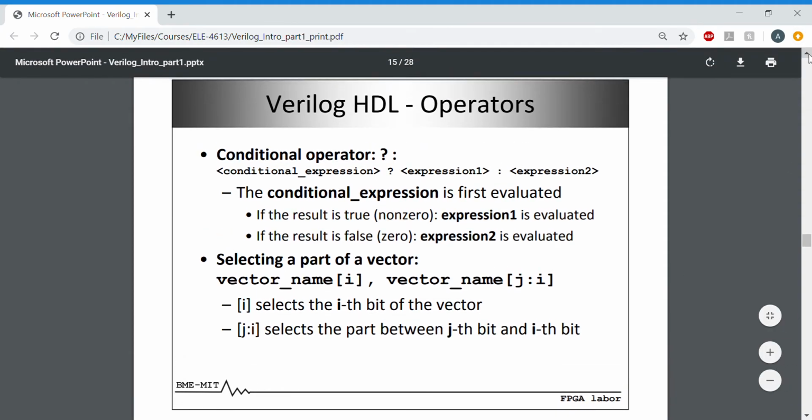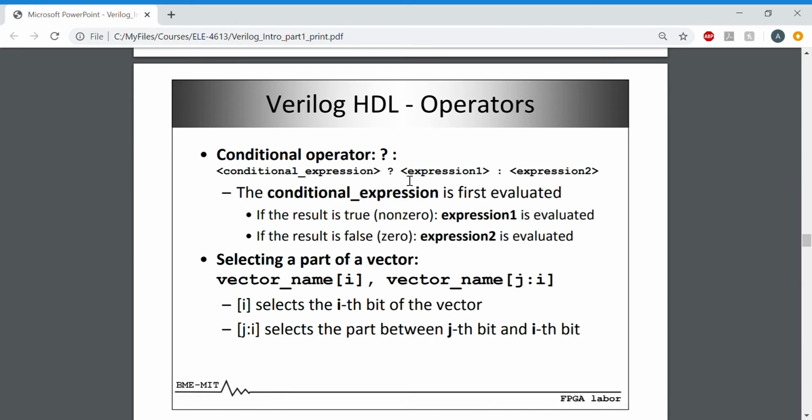Conditional operator. This conditional operator is for an expression. It's like a multiplexer. The conditional expression is first evaluated. So you have the conditional expression, the conditional operator, then expression 1, then a colon, then expression 2.